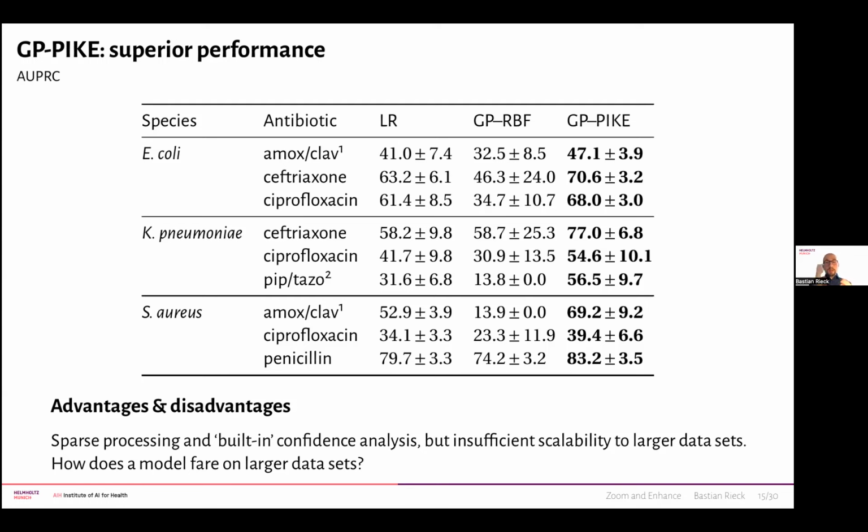So now, enough about this. There is one large elephant in the room that I haven't addressed so far: this model is nice and has some very nice properties, but fundamentally it suffers from insufficient scalability to larger data sets. Unless you extract a certain number of peaks, the spectra are increasingly large.